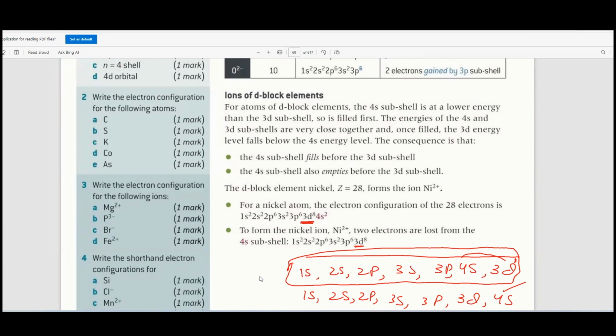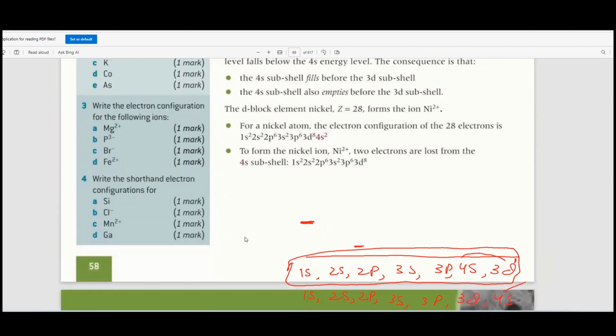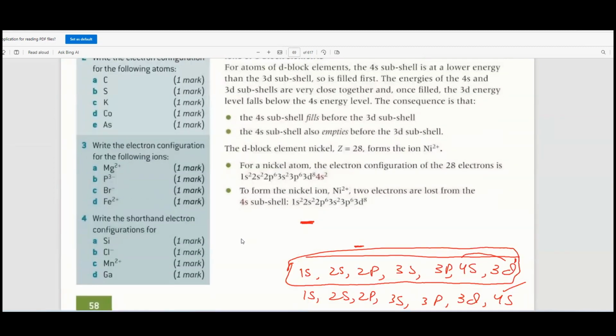Again, I have no answer to that. But then 3d has one electron and 4s is already filled, because it has two. But then that will have one as well. So both of them will not be completely filled, right? Then would the one electron from the 3d shift to 4s? That is a very good question, but I don't think they will answer it, and I don't know.